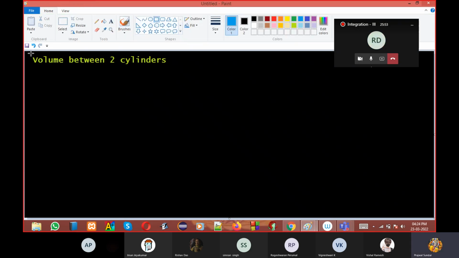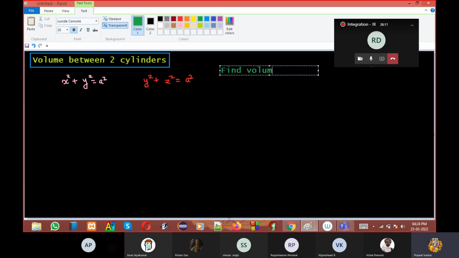It's actually a question I'm doing now itself. I have been given two cylinders, x squared plus y squared equal to a squared, and y squared plus z squared equal to a squared. They're asking to find the volume of the region of intersection.